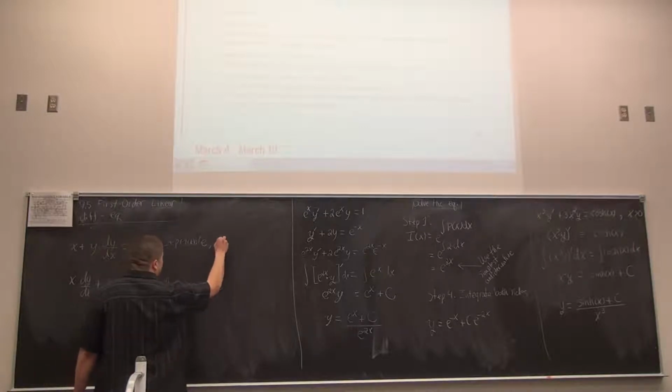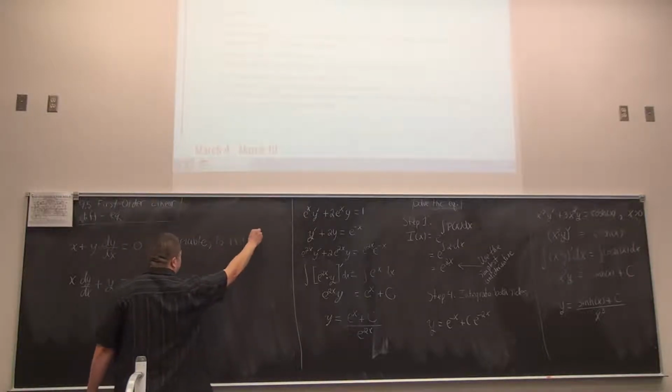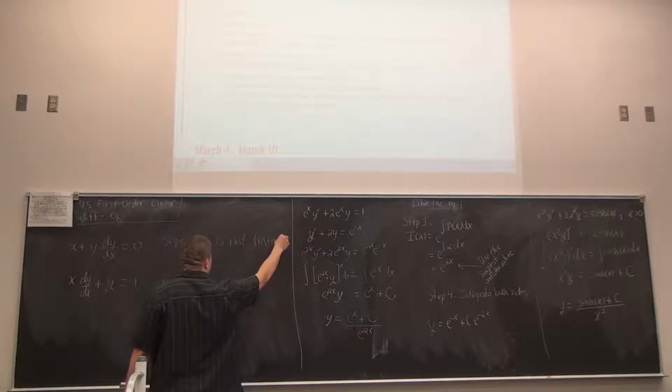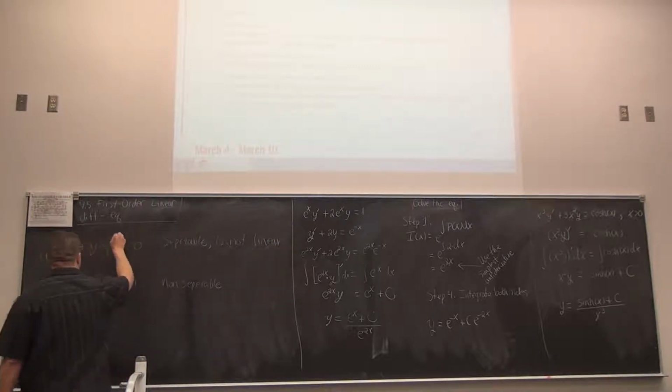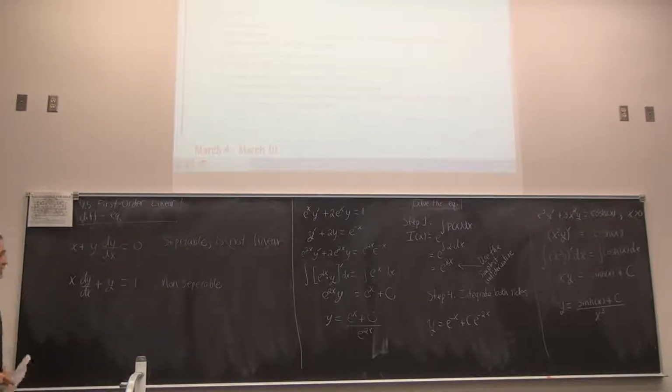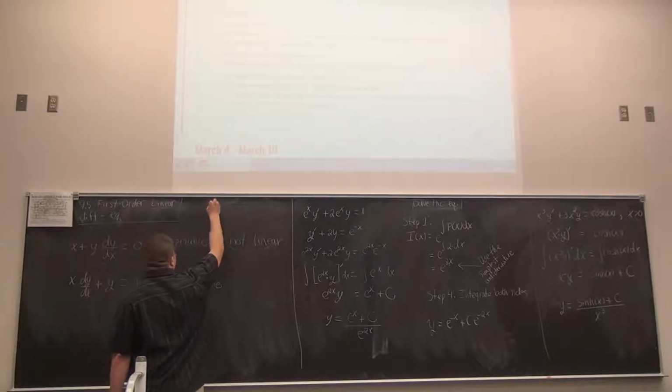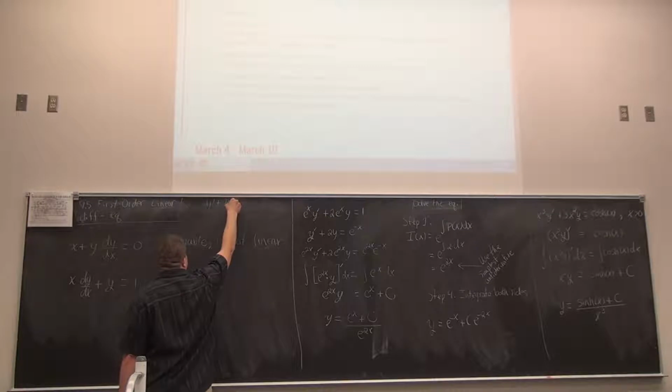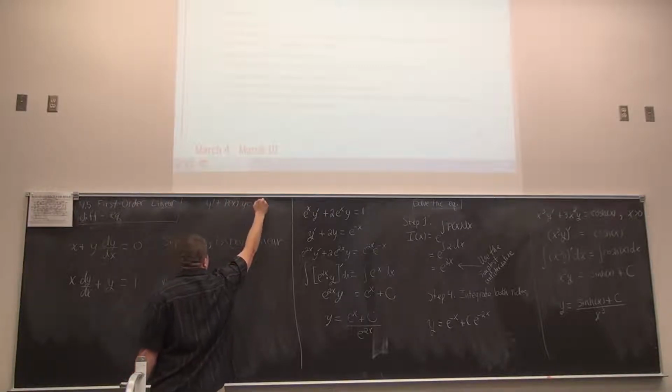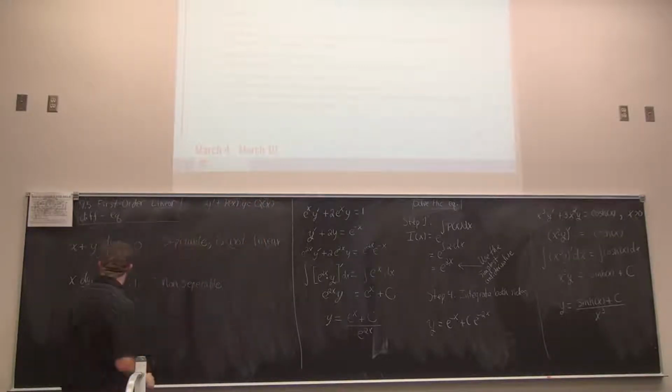This is not linear, and the not linear portion is due to the y dy/dx. It just doesn't have the form of y prime plus p of x times y equals q of x. So for an equation like this, it would be mandatory to solve it using the separable method.